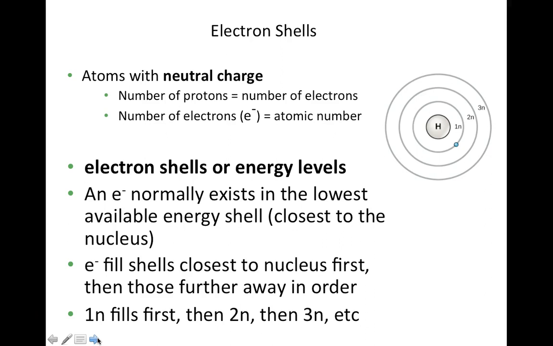And notice we have 3 concentric rings around the atomic nucleus for hydrogen, and an electron is represented by a little blue sphere in a circle that's labeled 1n. The n designates a particular energy level, and in this illustration we have a 1n energy level, and then a 2n and a 3n.